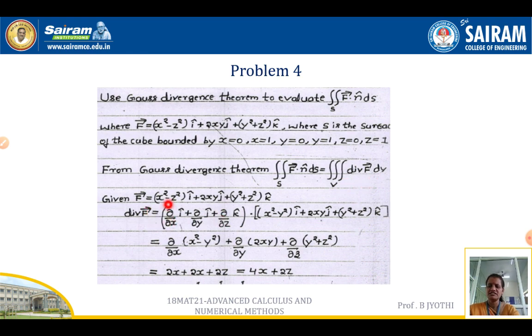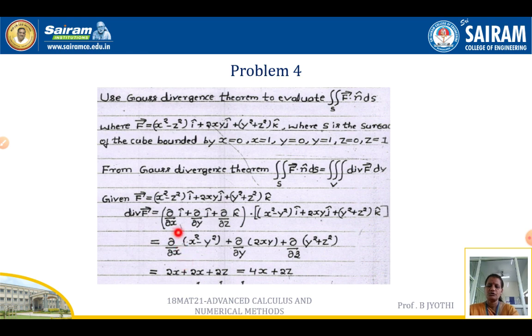So given f equals (x square minus y square) i plus 2xy j plus (y square plus z square) k. Now div f is given by dou by dou x i plus dou by dou y j plus dou by dou z k, dot with (x square minus y square) i plus 2xy j plus (y square plus z square) k.